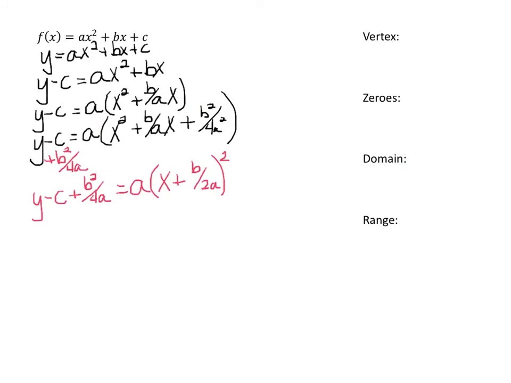So what I'll do next is rewrite this part so that c has a common denominator of 4a. And what that does is it becomes negative 4ac over 4a plus b squared over 4a. So I'll rewrite the equation: y plus b squared minus 4ac over 4a.